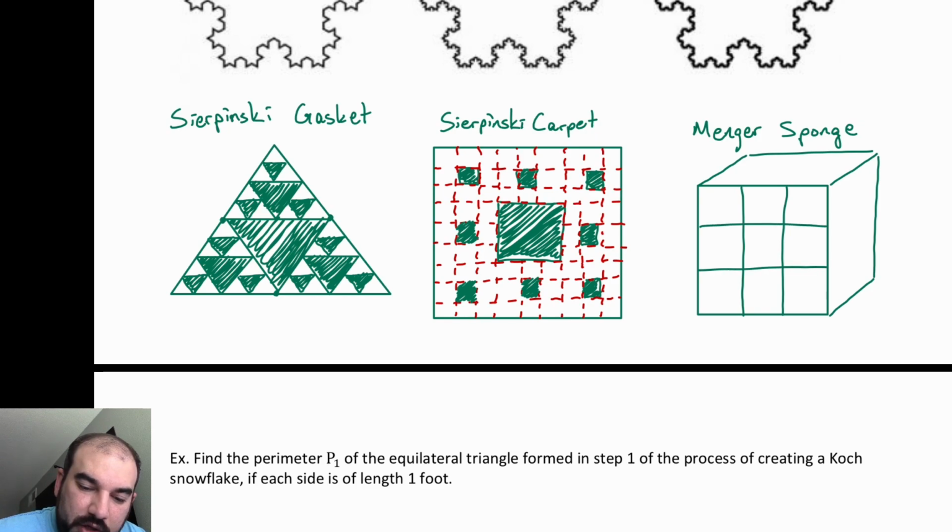We form a Rubik's Cube. And removing the center cube from each of the sides, and then also the very middle cube as well.